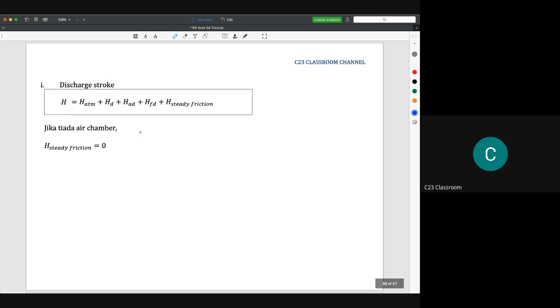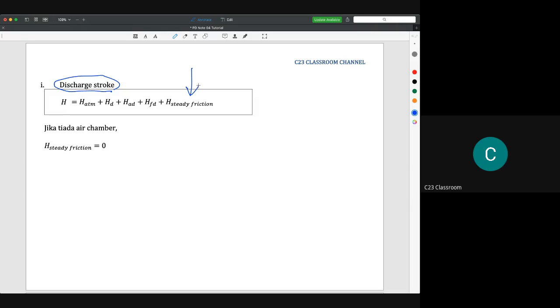And then we need to calculate the discharge stroke, at the beginning, end, and also at the mid stroke. Because we have an air vessel there, we need to extend our equation like this.